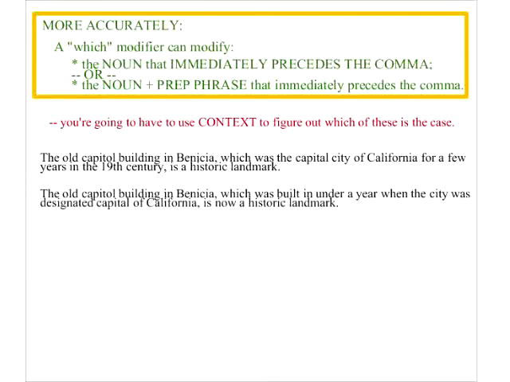These sentences are both correct, and let's just make sure that you understand why. So let's talk about the which modifier in each of these sentences. So here's a which in the first sentence, comma which. In the text box, what is that modifying?